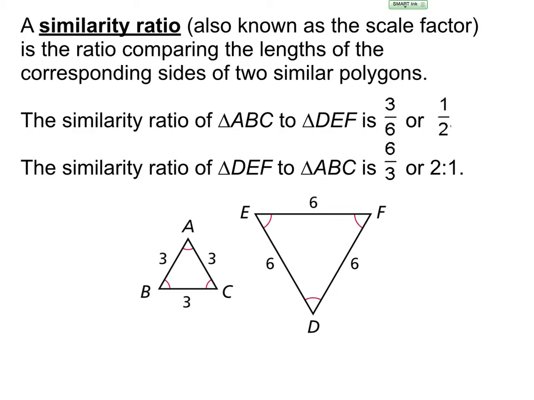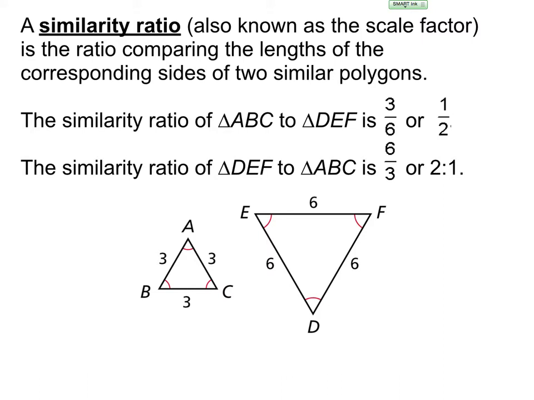All right, similarity ratio is the scale factor. That 2 to 1 that you were reducing is then called the scale factor or the similarity ratio. The similarity ratio is another quick definition there. A similarity ratio, also known as the scale factor.